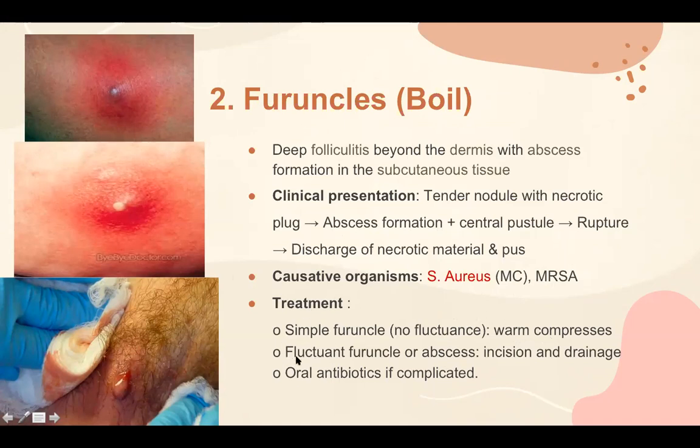Whereas if there's fluctuance or abscess formation, you have to do incision and drainage and clear out the infection. And if it's complicated, meaning it's located near the midface, or if it's recurrent, or even if it's very large, you can use oral antibiotics.